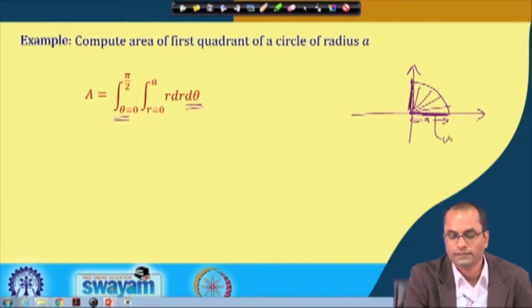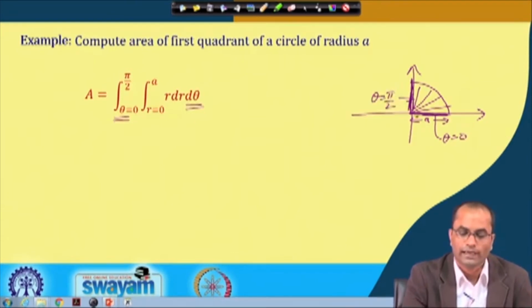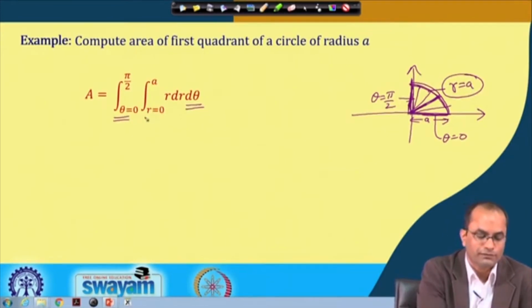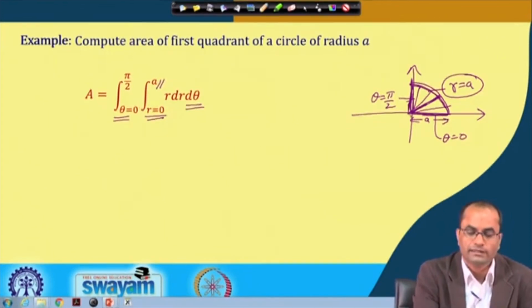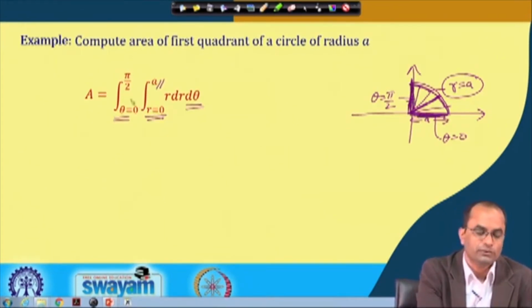At this line theta is 0, and at this line theta is pi by 2, and r is varying from 0 up to this circle, which is r equals a. So, the limits of r will be from 0 to a, and theta varies from 0 to pi by 2.